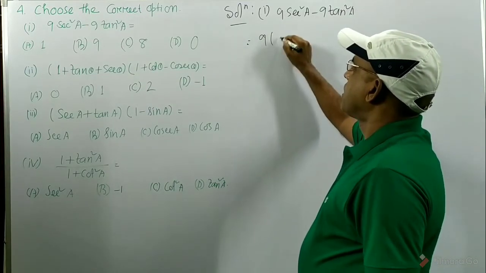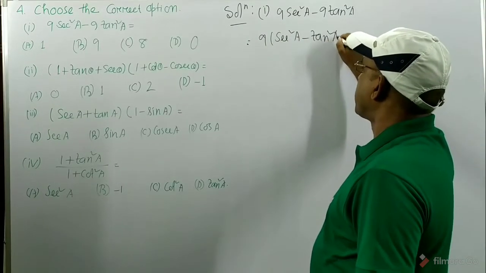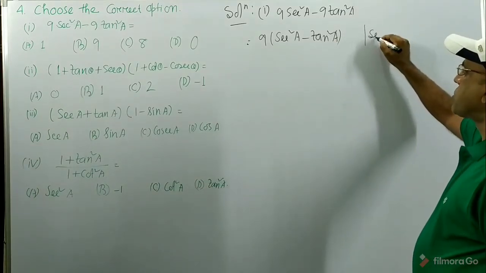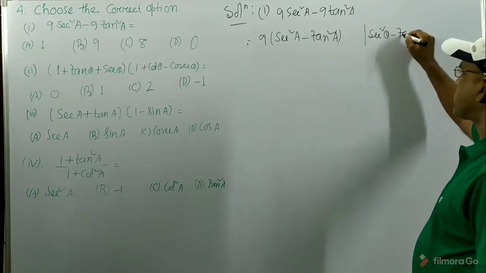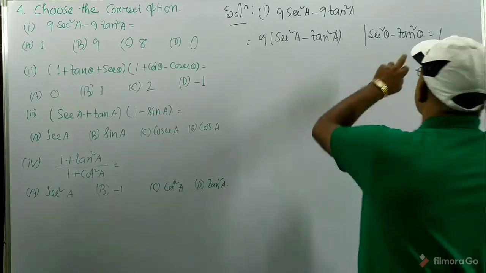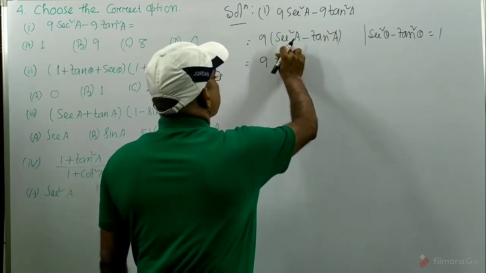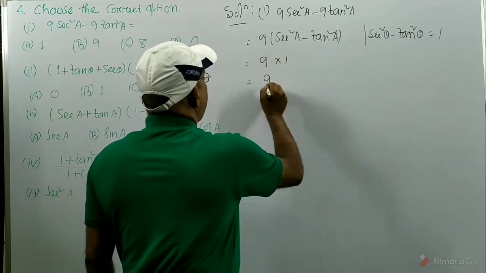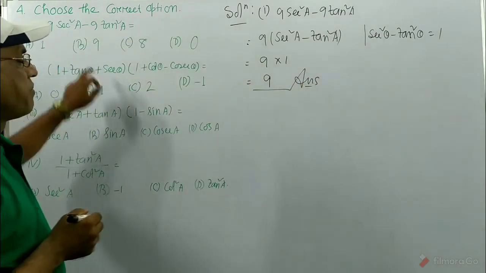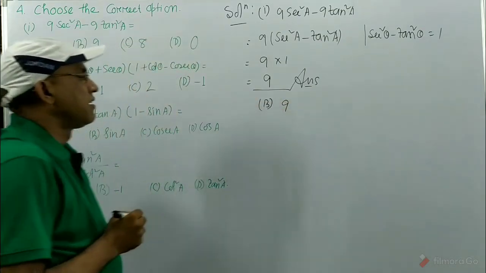So taking 9 common, we get sec square A minus tan square A. Now we know this formula: sec square theta minus tan square theta equals 1. So this is 9 into 1, which is 9, our answer. So option B, 9.